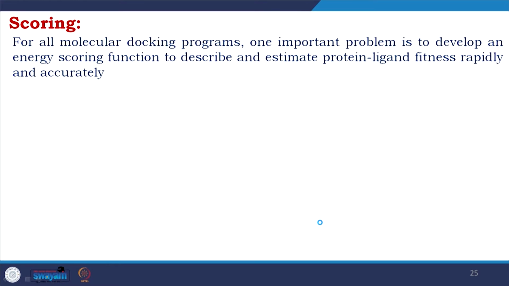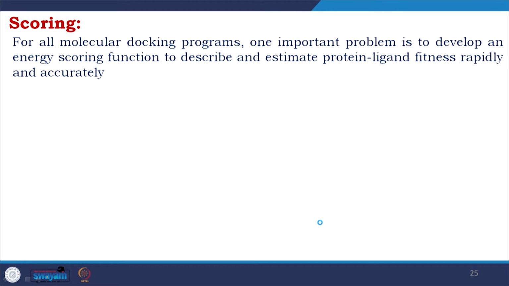Here, to get success in drug designing, we have to make it optimized, and the optimization needs comparison, comparison needs scoring. That is why perfect scoring is a very critical and challenging thing. So, what is scoring?